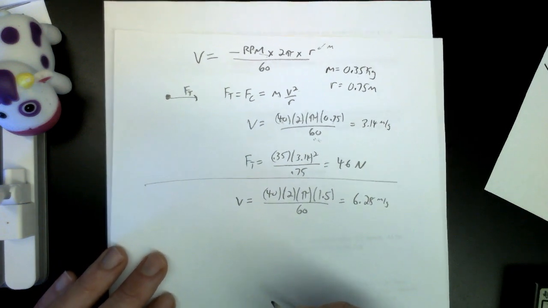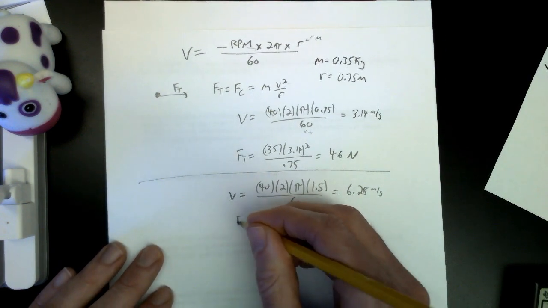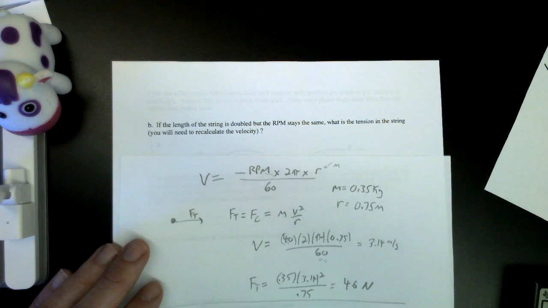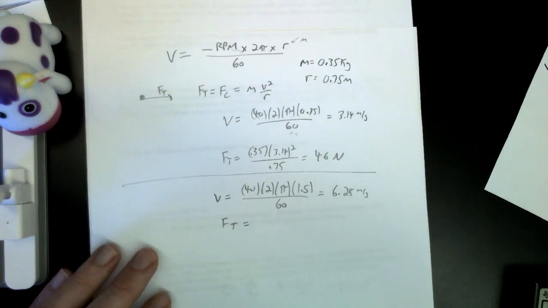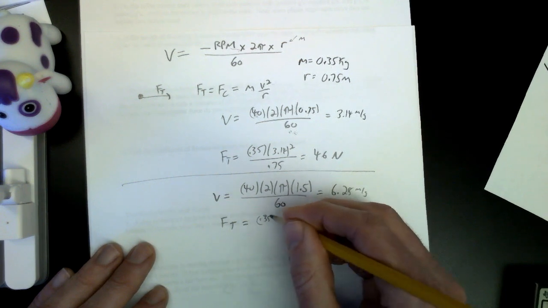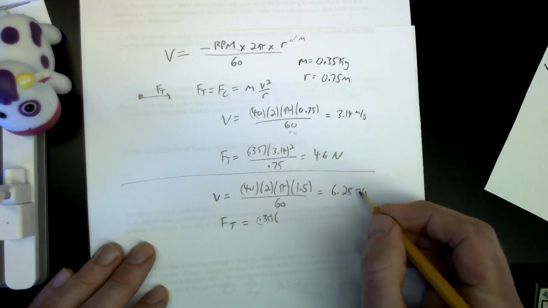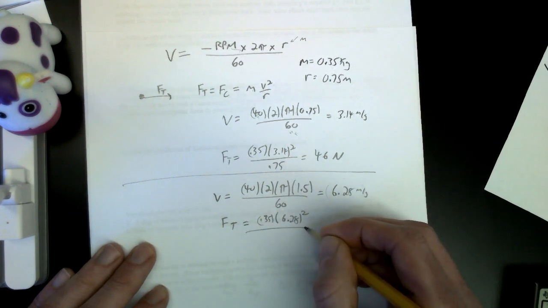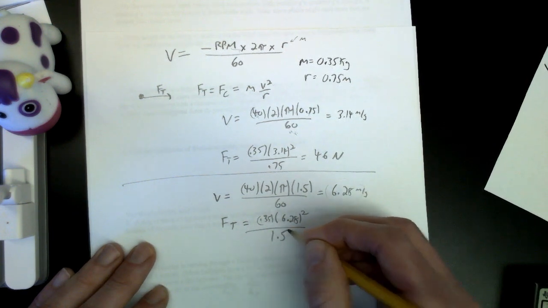Good. So then we have to do this whole thing again, the RPM stays the same, but the velocity is different. So we have 0.35 times, now my new velocity here, 6.28 squared, and divided by my new radius, 1.5.